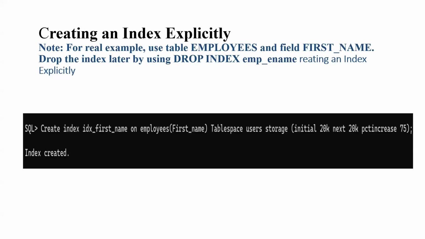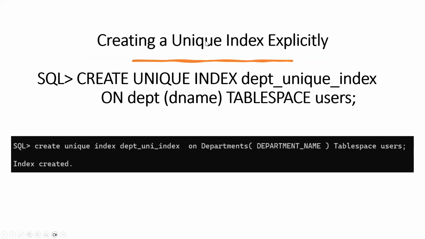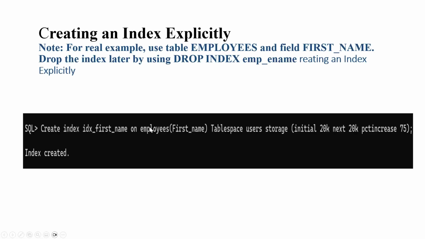Now we created this index explicitly. Let us create a unique index explicitly. So what is the difference here? We are creating an index on employee first name, and we know that first name is not a unique column. We can have duplicates of names.